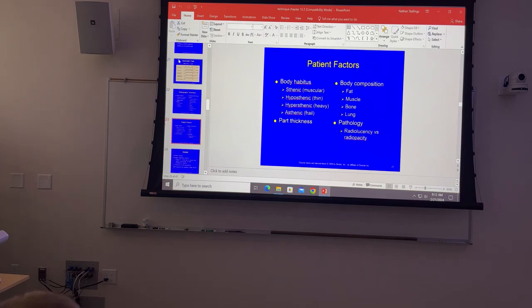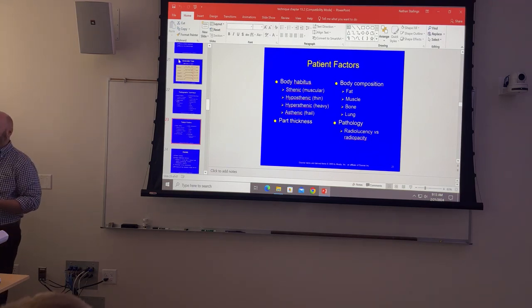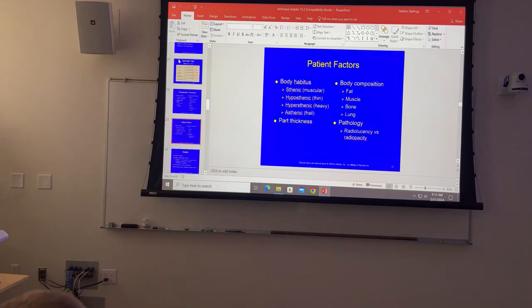But there were times that we would adjust our KVP, and that's whenever we had an effective atomic number increase that was substantial enough that it could interfere with absorption characteristics of X-ray, being able to absorb more X-rays than what we wanted it to, and then we might change our KVP. So most of the time it's going to be mass, and that's going to be by change of a range.